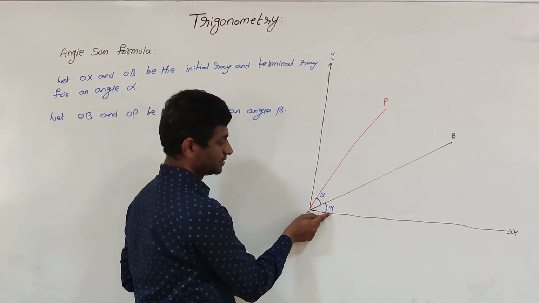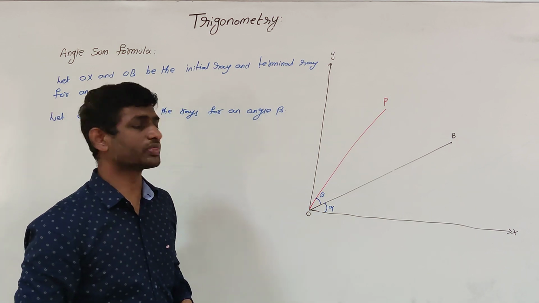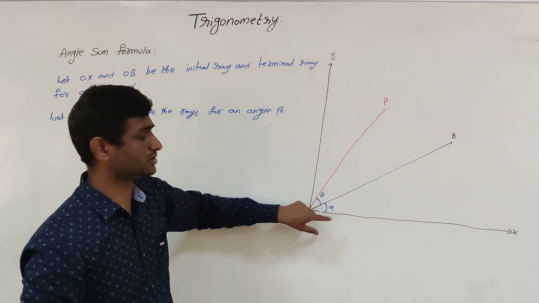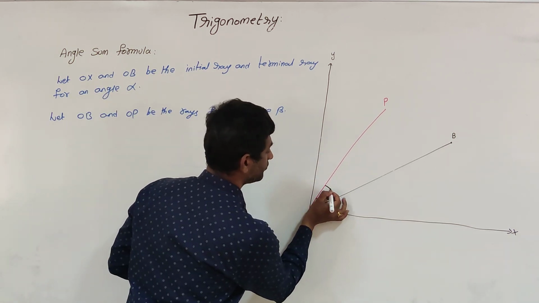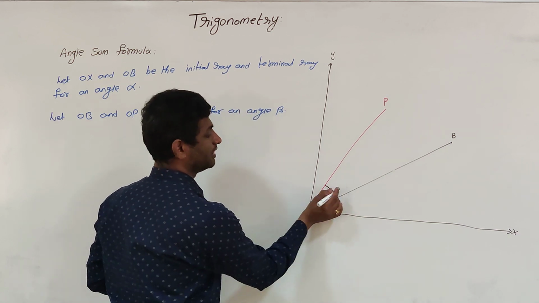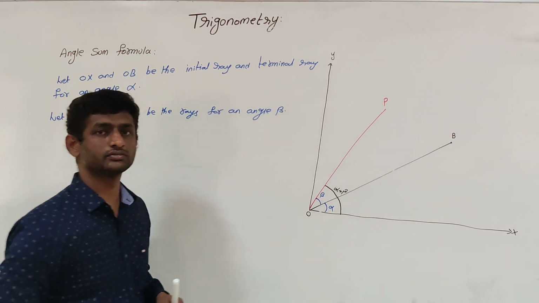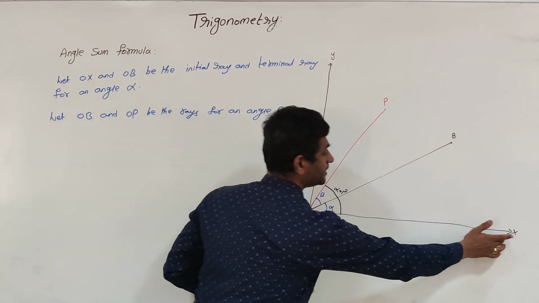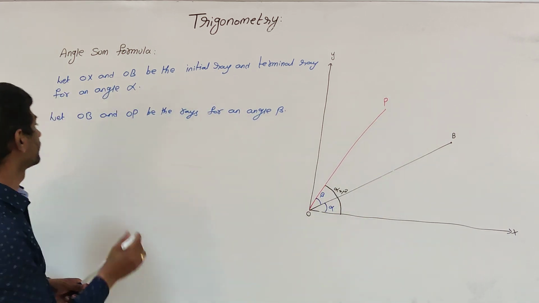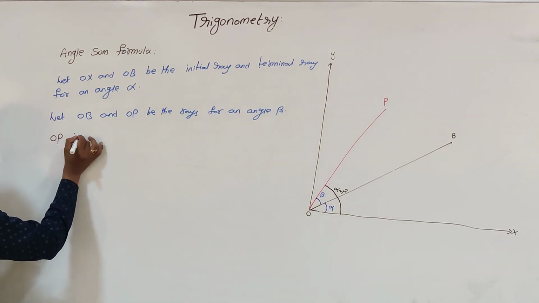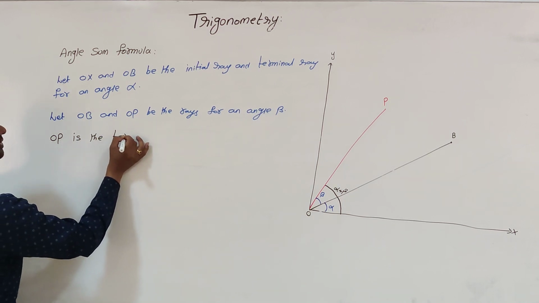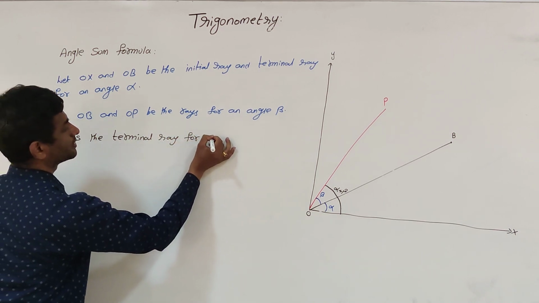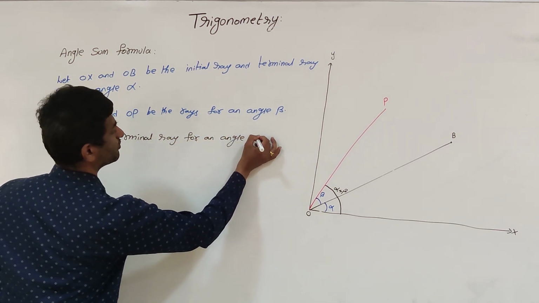Now if we club, OX is our original initial ray and OB is our terminal ray. If we add these two angles, then the total will be alpha plus beta. Means for the alpha plus beta angle, OX is the initial ray and OP is the terminal ray.